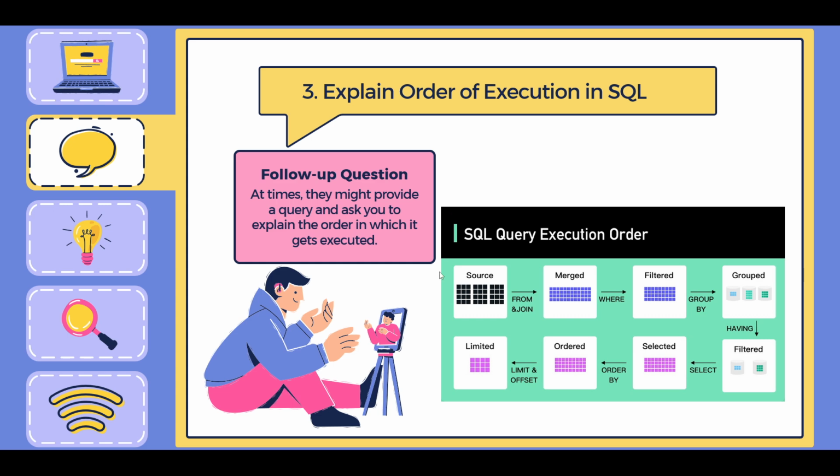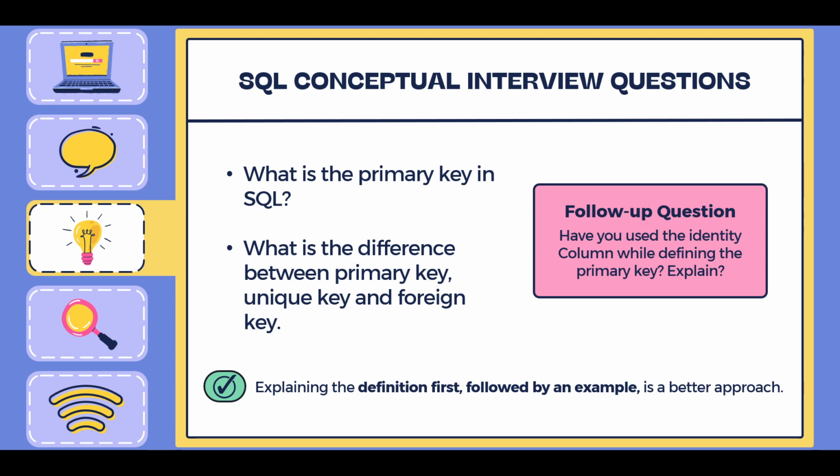So I think you should know this SQL query execution if you are appearing for any interview, because this is asked very often. Next, we have what is a primary key and what is the difference between primary key, unique key, and foreign key. These are some basic concepts that you must know before appearing in an interview.